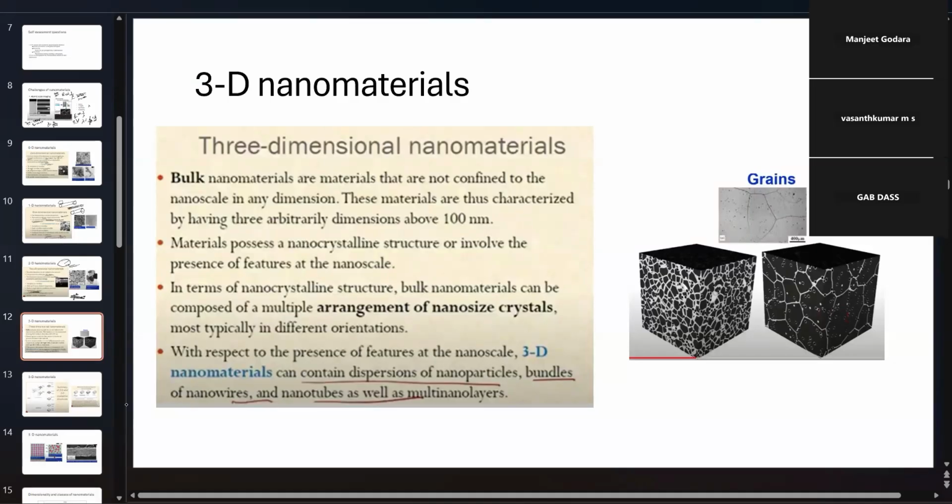3D nanomaterials are a little different. 3D nanomaterials, or bulk nanomaterials, are not confined to the nanoscale in any dimension. They are characterized by having all three dimensions above 100 nanometers. So why are we calling them nanomaterials?